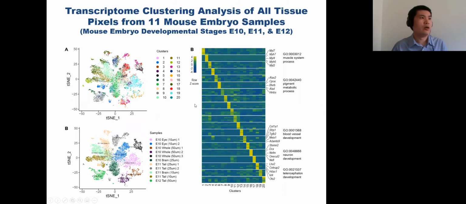Okay, then we go ahead and do an analysis of all the tissue samples we have currently. We have 11 tissue samples with different developmental stages and also different resolutions: 10, 50, and 25 micron, and different areas, the tail region or the brain region. We're just showing the whole clustering of those tissues.